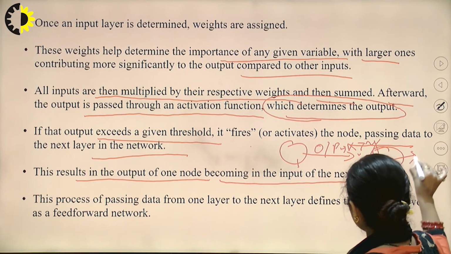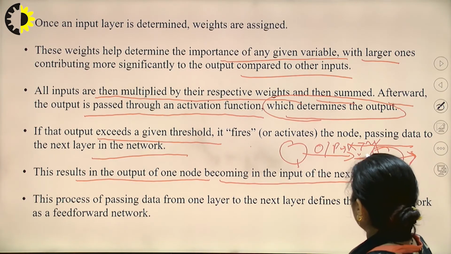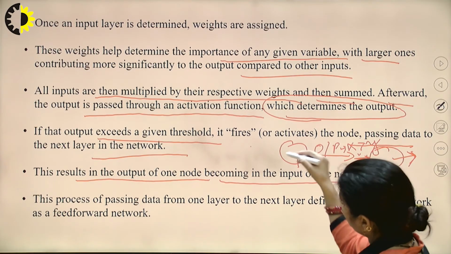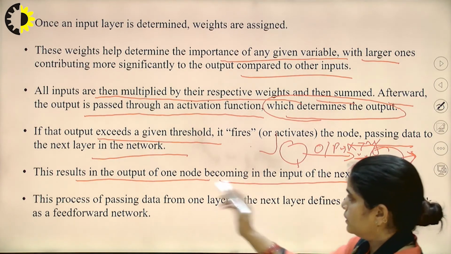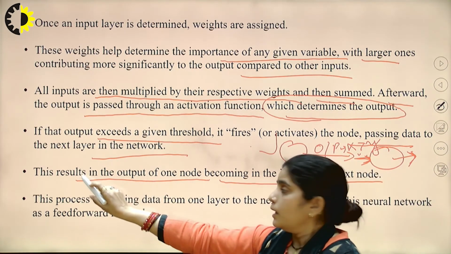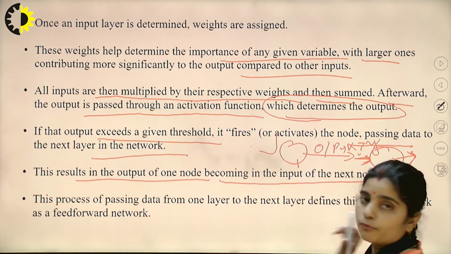So for this particular layer, this input is the output of the first node of the previous layer. Here it implies that the output of one node becomes the input of the next node.